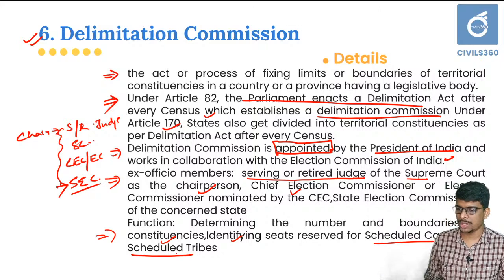A. Delimitation Commission, B. Election Commission, C. Parliament, D. President. You should understand, the Delimitation Commission identifies the seats reserved for scheduled castes or scheduled tribes. Okay, hope you are getting me.